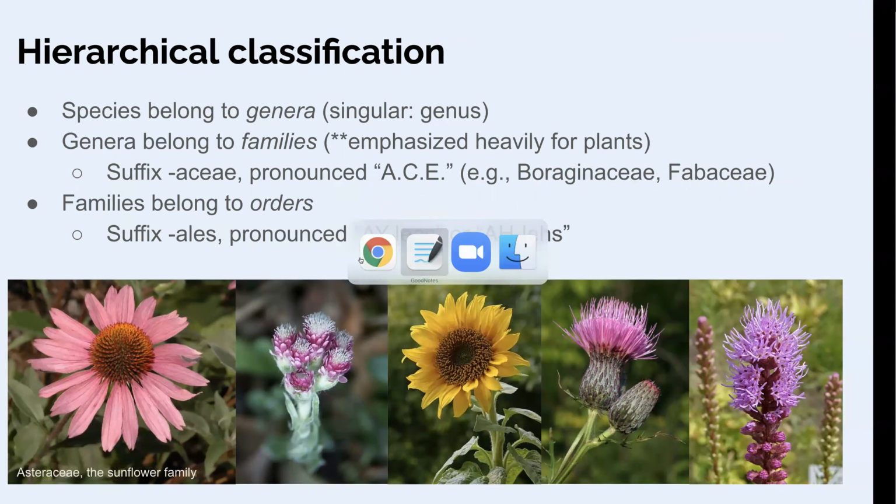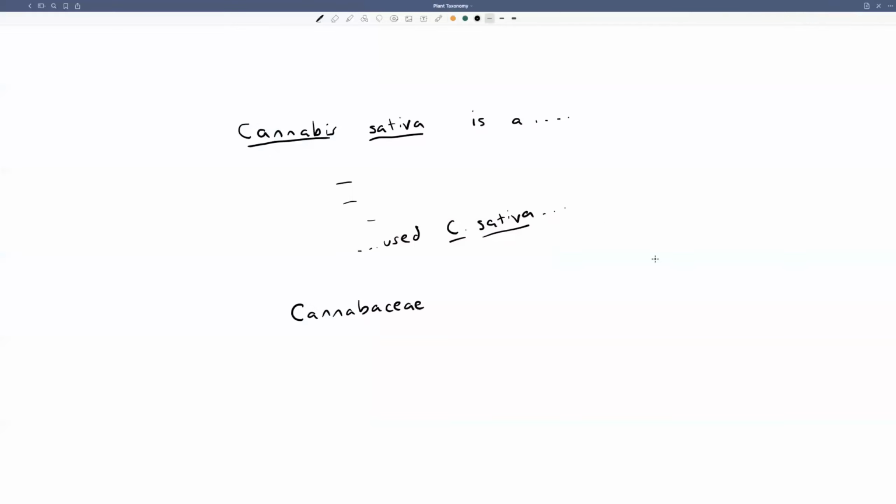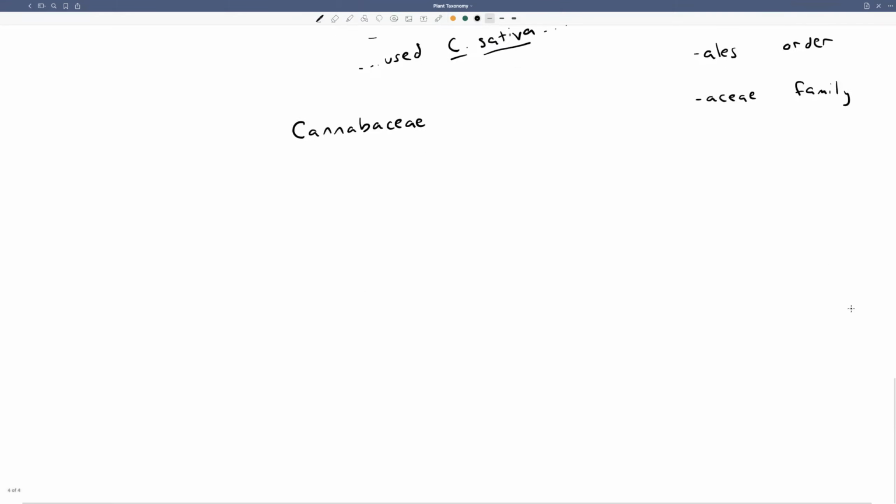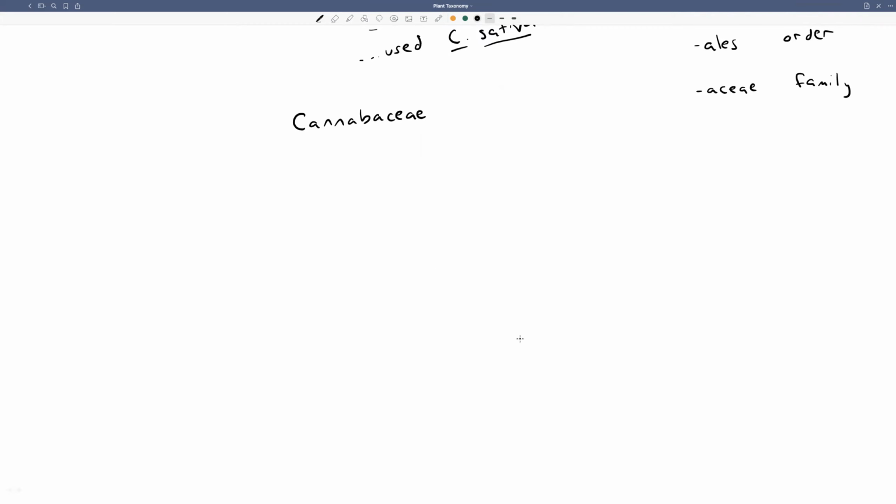Maybe I'll draw one for us. Orders have an official ending of ALES. Order, ACEAE was family. And so you could take an example, Borago genus becomes the type genus of Boraginaceae.